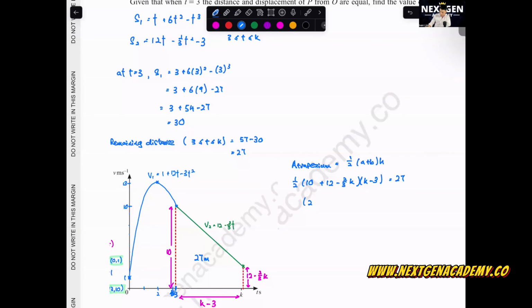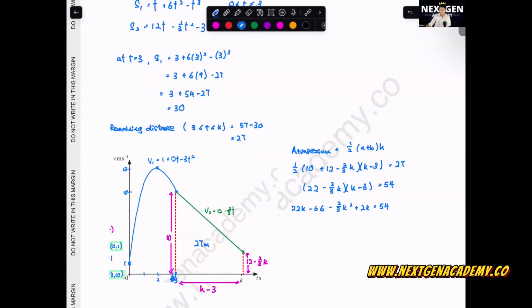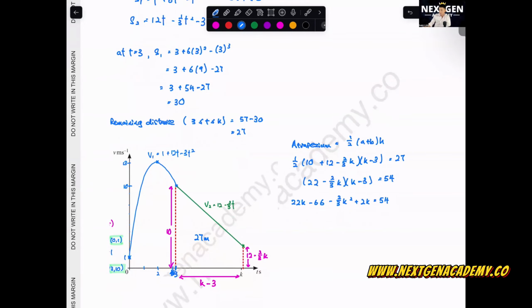Let's simplify this. We multiply the whole thing by 2, so the 2 goes to the right-hand side. Here will be 22 minus 2 over 3k, times k minus 3, equals 54. Open up the bracket: 22k minus 66 minus 2 over 3k squared plus 2k equals 54.